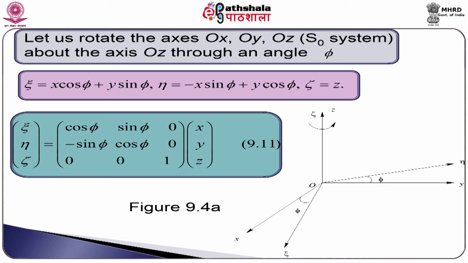So, from the formula of transformation of coordinates, we have xi equal to x cos phi plus y sin phi, eta equal to minus x sin phi plus y cos phi, zeta equal to z as OZ is fixed. From figure 9.4a, you can see the details. These equations can be written in matrix form as given in 9.11.